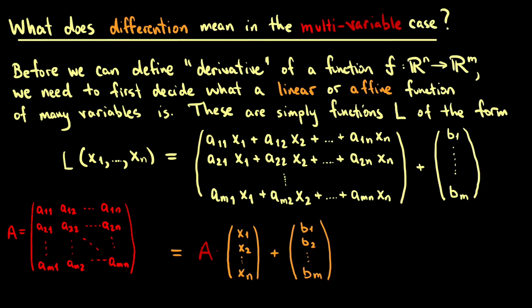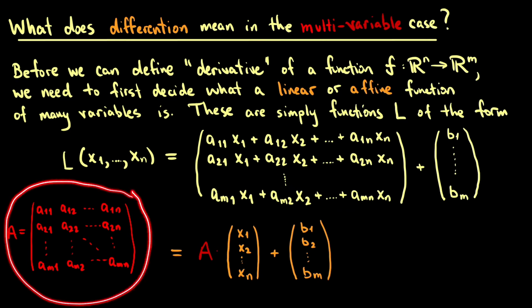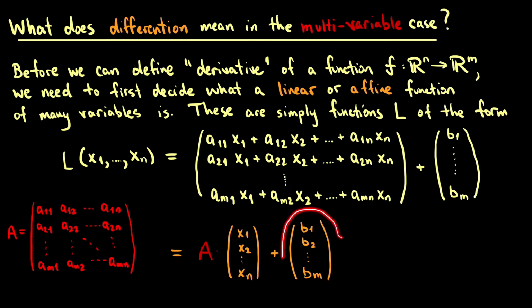Okay, and if I did write the input as a column vector as well, then I could write this whole thing as matrix multiplication. So I have a matrix capital A, which is the matrix of all these things I'm calling slopes. I have some vector b1 through bm. My matrix is not square because f is a function from Rn to Rm.